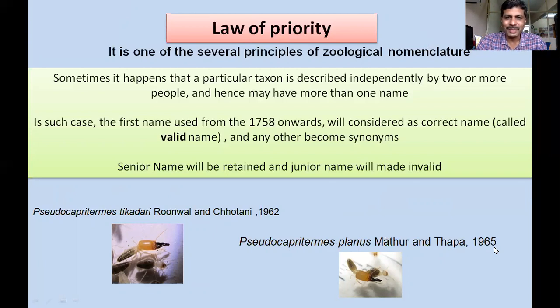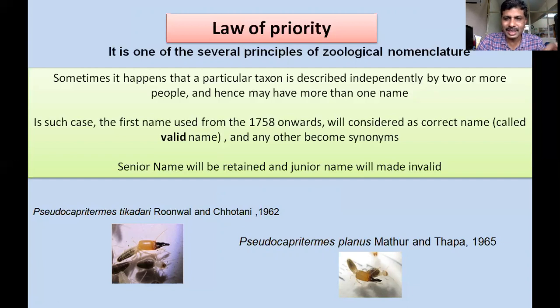So which is the senior name? Pseudocapritermes picadari is the senior name, and this becomes the junior name. As a result, the senior name should be retained and the junior name made invalid. That is the law of priority. Hope you got it.